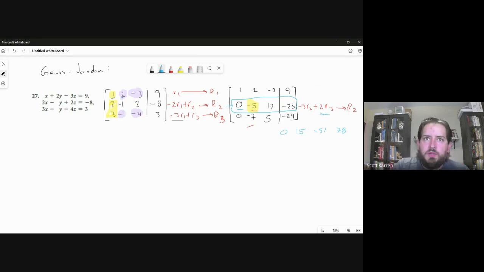And I'm going to multiply row 3 by 2, so that's 0, -14 by 2, so positive 10, and then -48. And I'll combine those. 0 and 0 is still 0. 15 and -14 is 1. That's great. That's what I was looking for. -51 and positive 10 is -41. And then 78 minus 48 is 30.